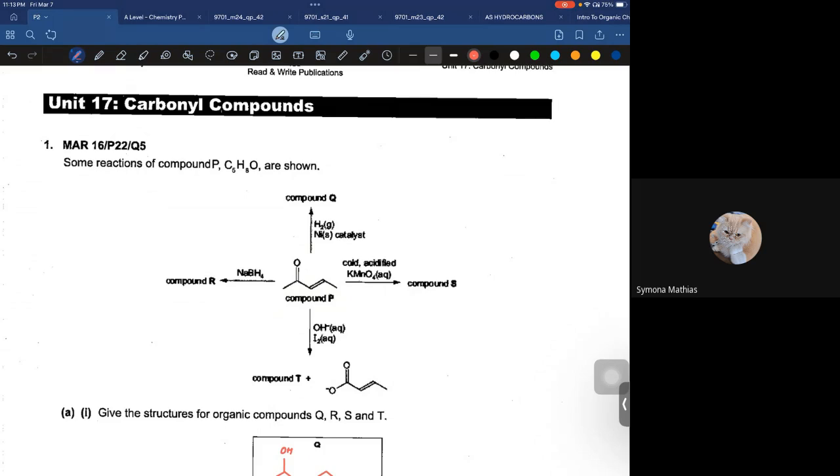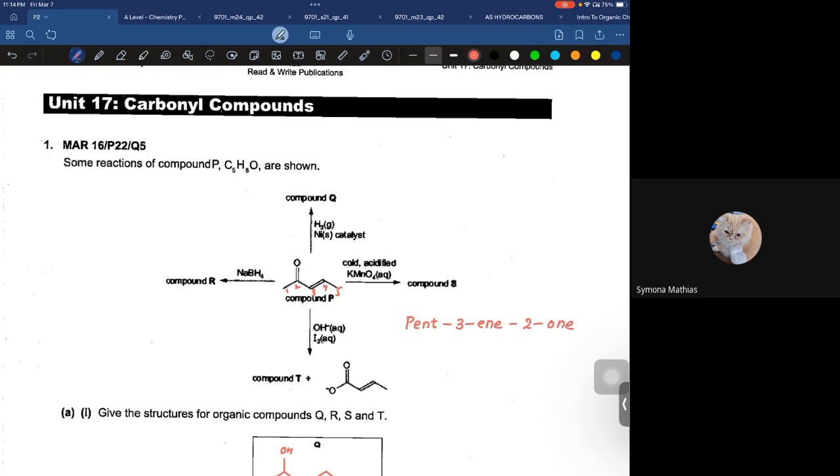So it should be 1, 2, 3, 4, 5. So this is pent-3-ene, and 2-one.